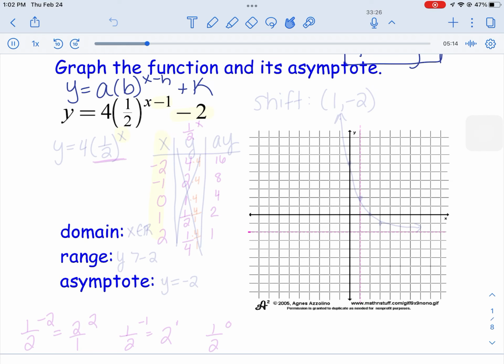So I would start by identifying my shift then, which would be positive 1, negative 2. So your h would be opposite up top, and then your k would be the same, so positive 1, negative 2. Once I have my shift graphed, then I would just graph the 4 times 1/2 to the x power.